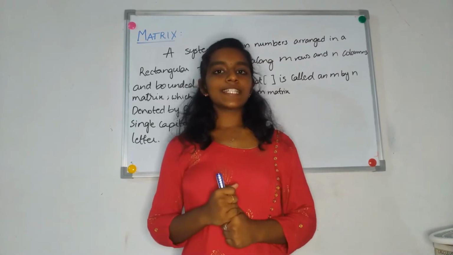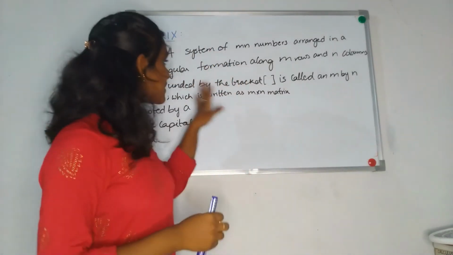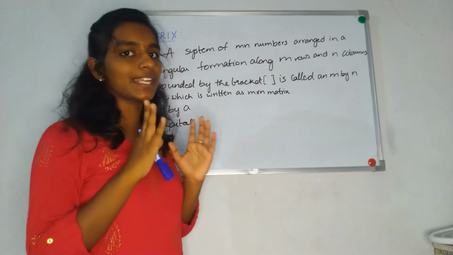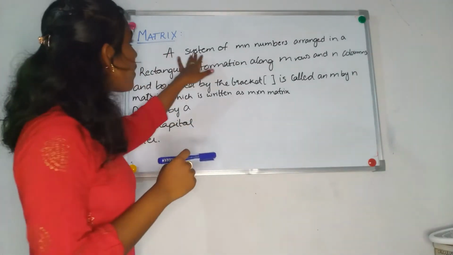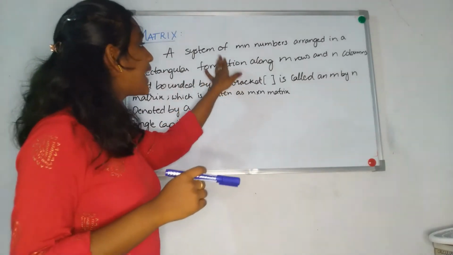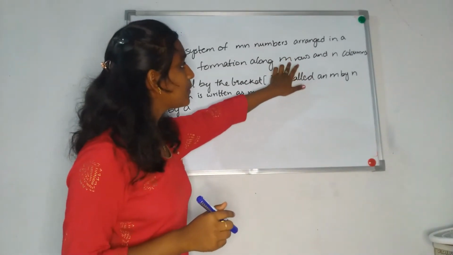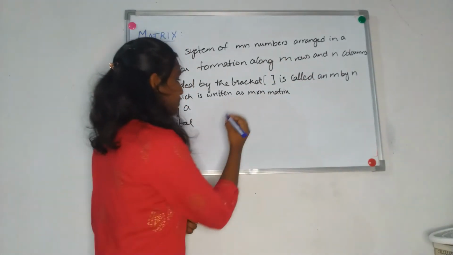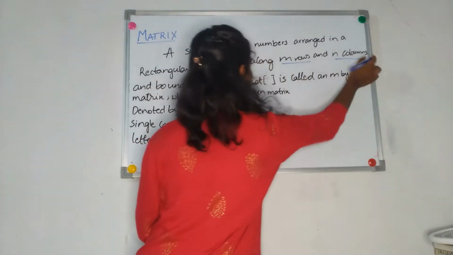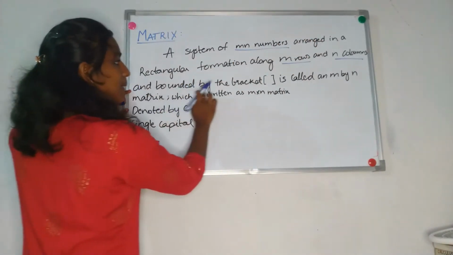At first, let us look at what a matrix is, the original definition of a matrix. This is the definition and we are going to read each part of it and understand it. A system of mn numbers arranged in a rectangular formation along m rows and n columns, and bounded by brackets.